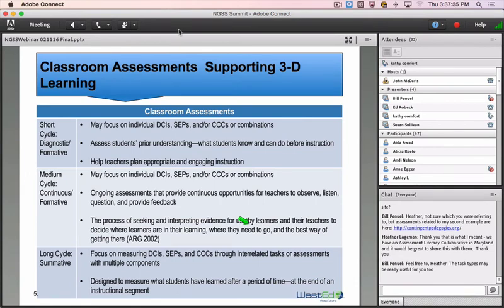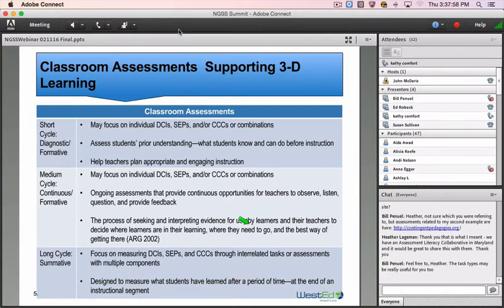Okay, so within classroom assessments that support 3D learning, the short cycle or diagnostic assessments can focus on individual disciplinary core ideas, science and engineering practices, or cross-cutting concepts, or combinations of DCIs, SEPs, and cross-cutting concepts.